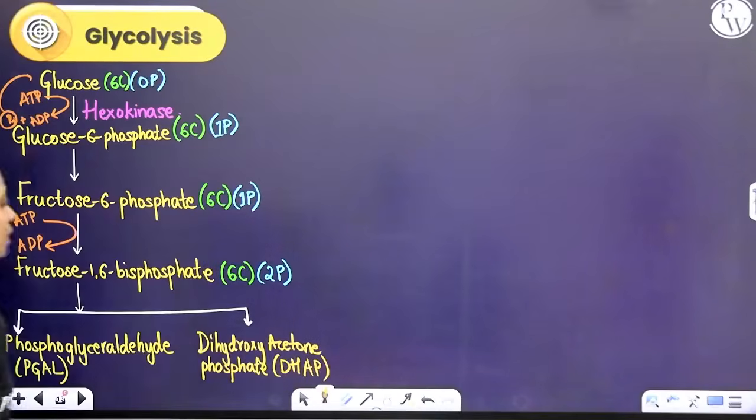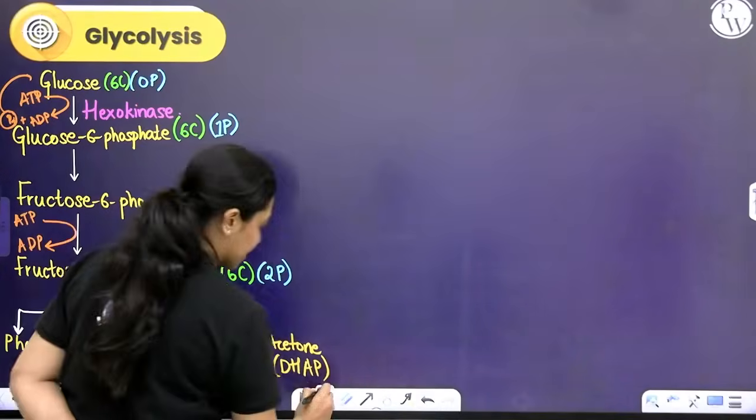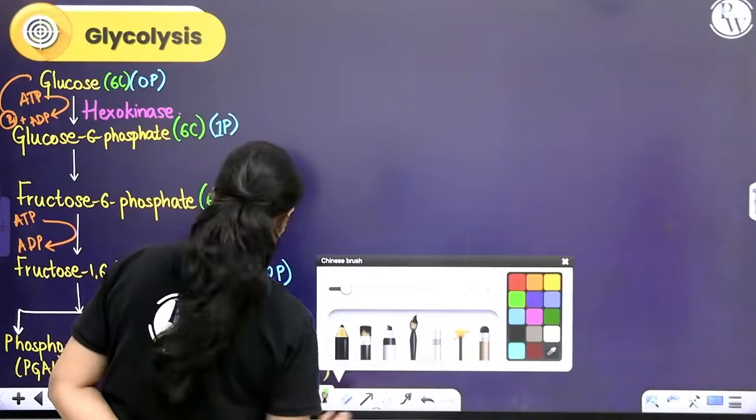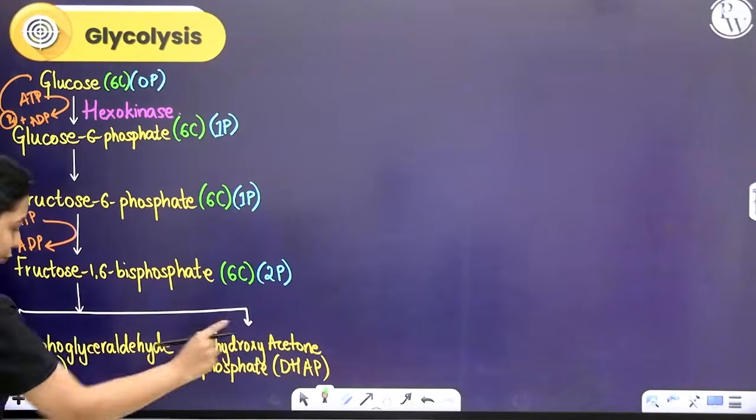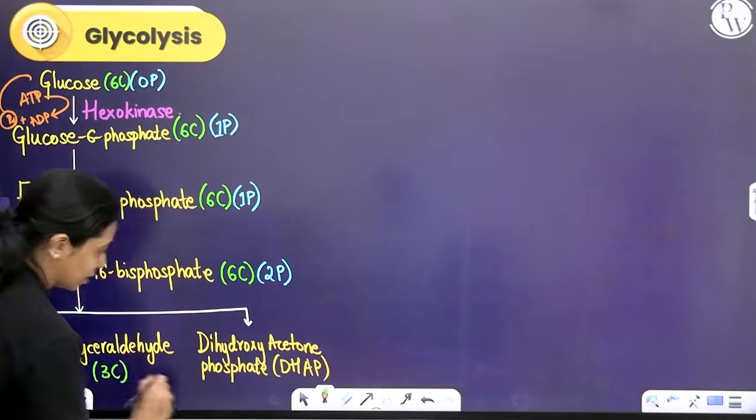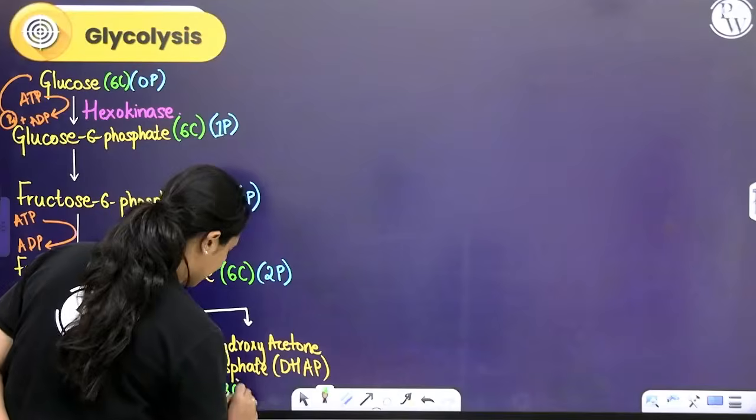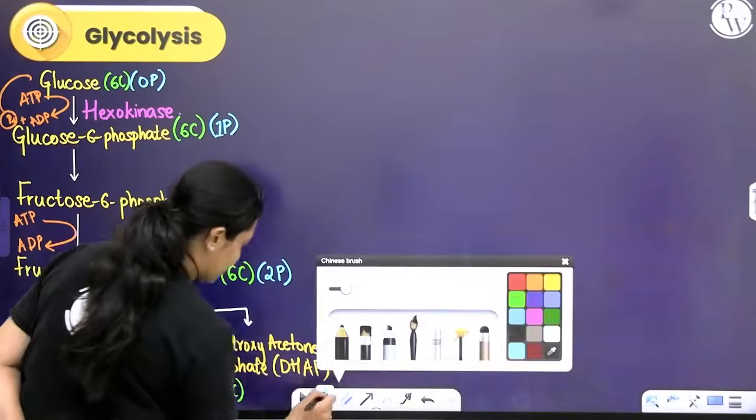Now each of these contains 3 carbons. We had a 6 carbon molecule and 2 phosphates. So each of these will have 3 carbons present and each one will have 1 phosphate.